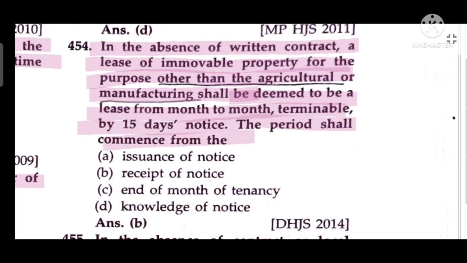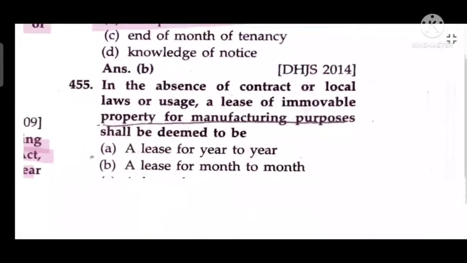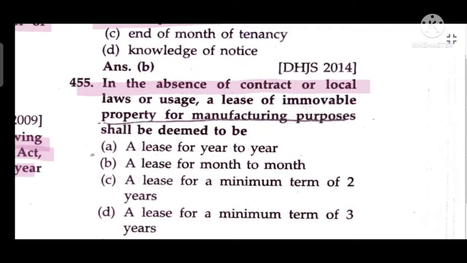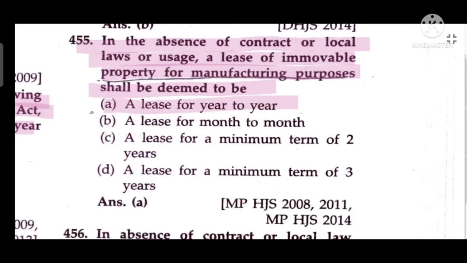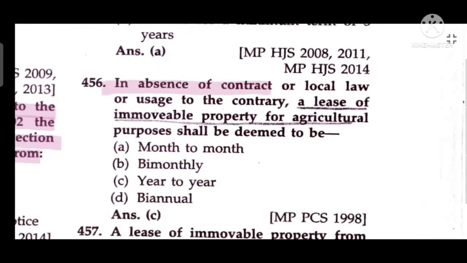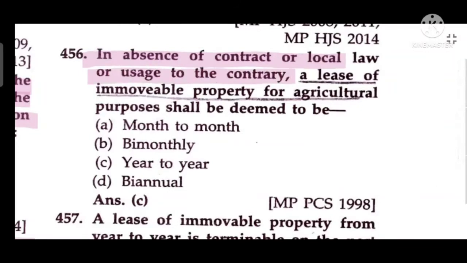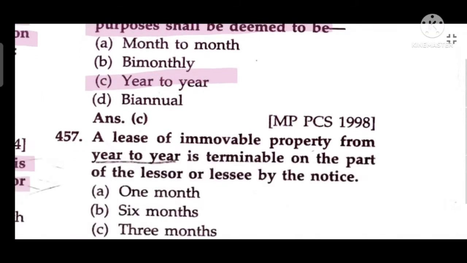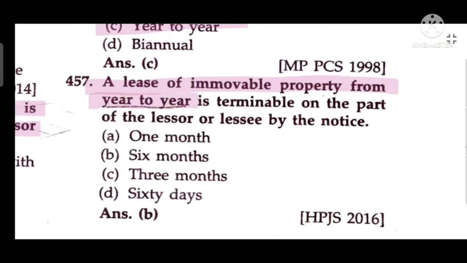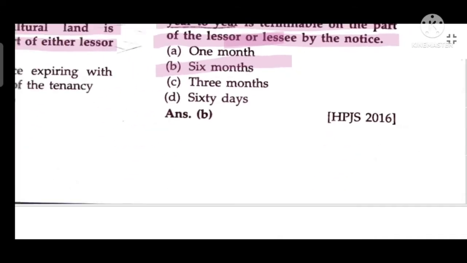The period shall commence from receipt of notice. In the absence of a contract or local law or usage, a lease of immovable property for manufacturing purposes shall be deemed to be a lease from year to year. In the absence of a contract or local law or usage to the contrary, a lease of immovable property for agricultural purposes shall be deemed to be year to year. A lease of immovable property from year to year is terminable on the part of lessor and lessee by notice of 6 months.